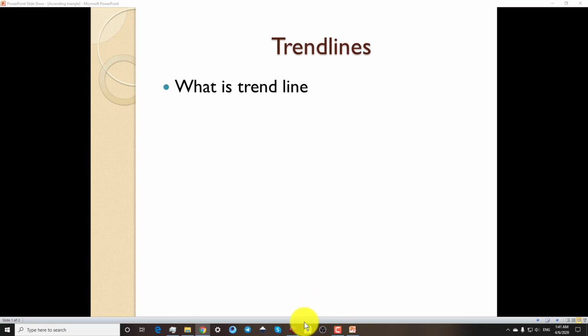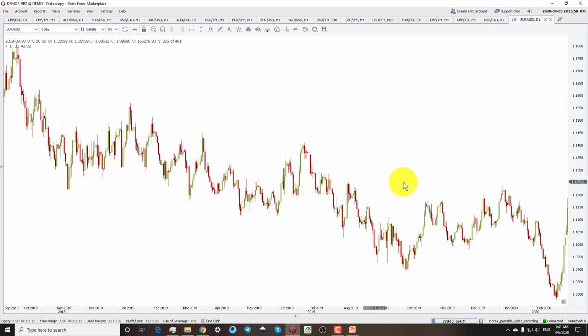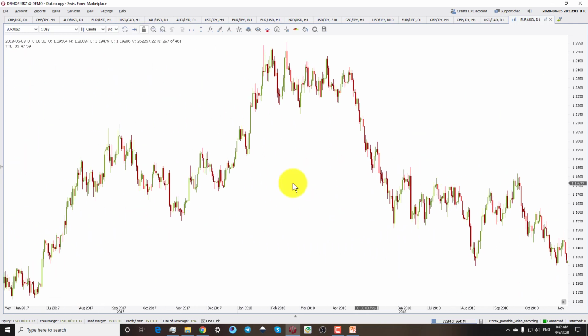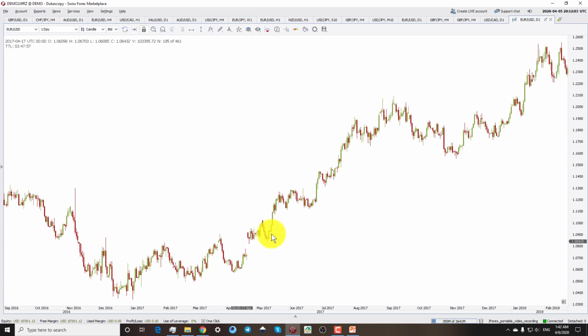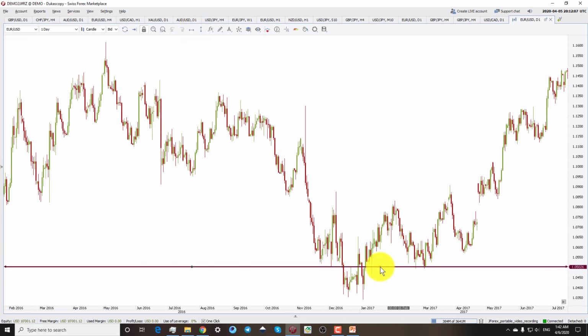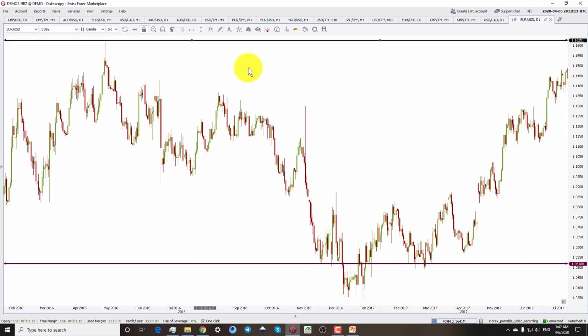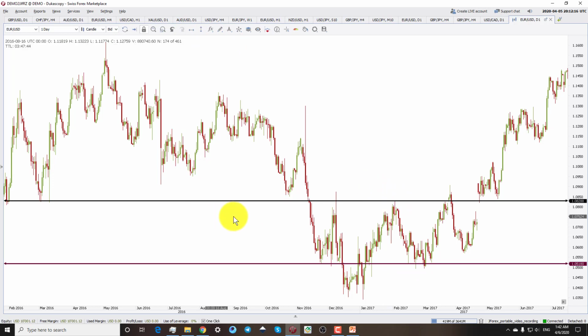Now if you recollect from the past, what was the support? When the price was going up, you were expecting these zones, these lines, to again act as a support. Here it acted as a support, and support and resistance turned into each other.